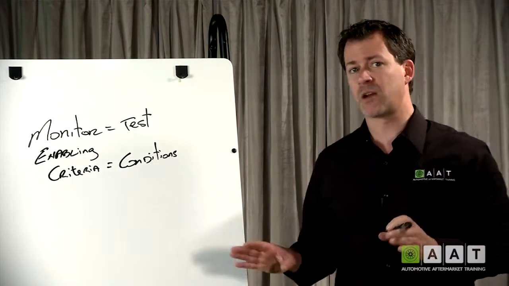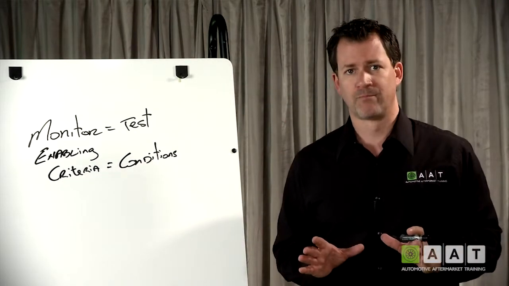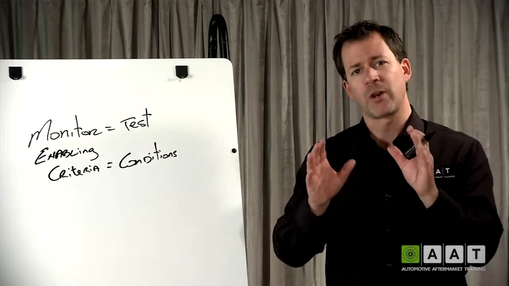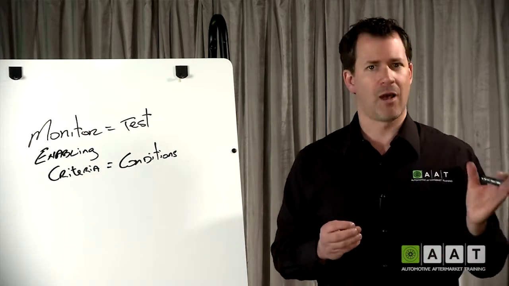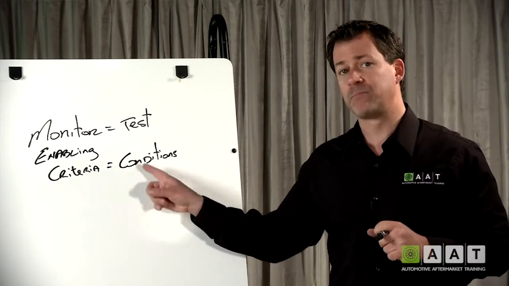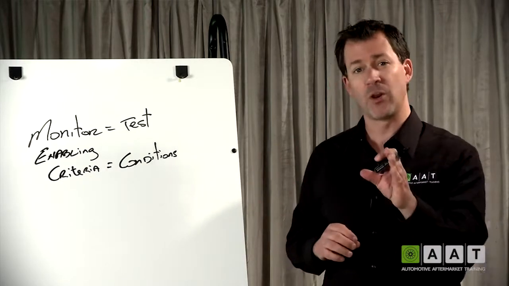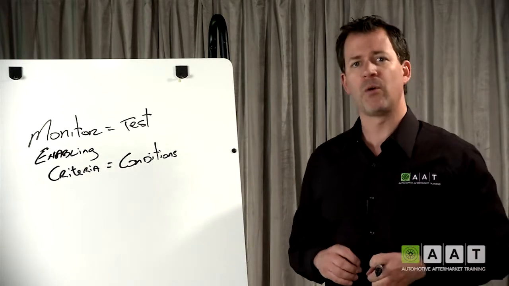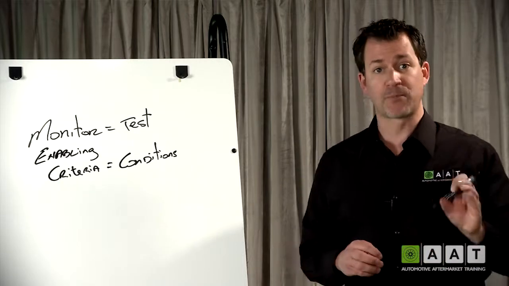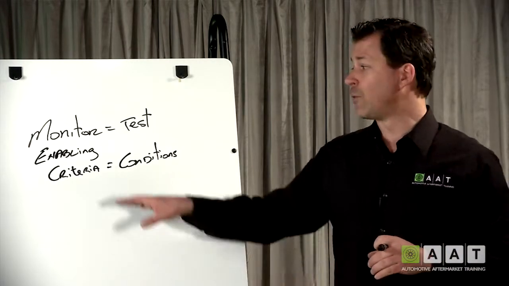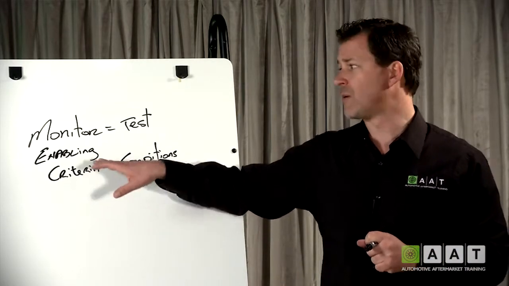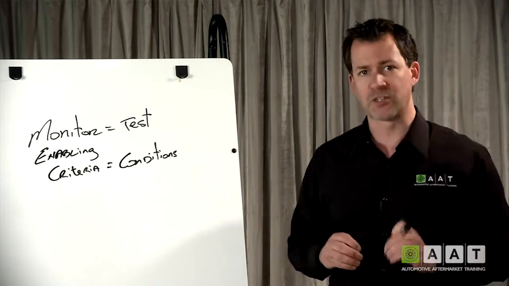You don't have an enabling criteria, the monitor won't run. Bottom line. So if we're going to use the onboard diagnostic system to help us out, we better be sure to meet the enabling criteria. How do we know what it is? We go into the repair manual, we look up the DTC description from that code that you pulled, and we identify the enabling criteria for the monitor that set that DTC.